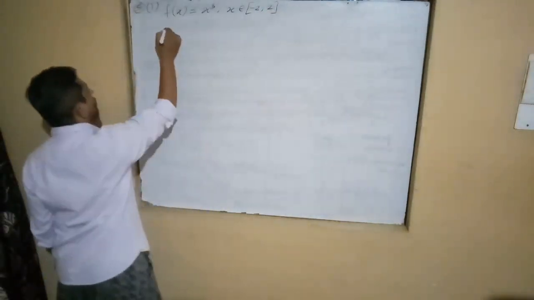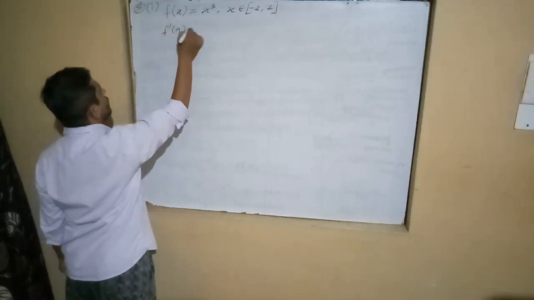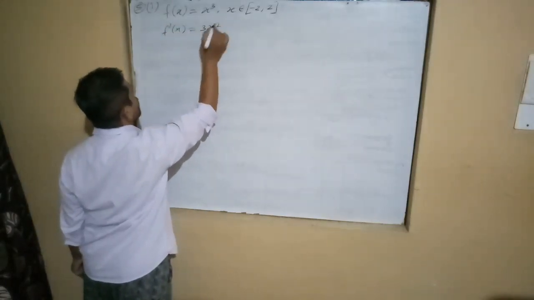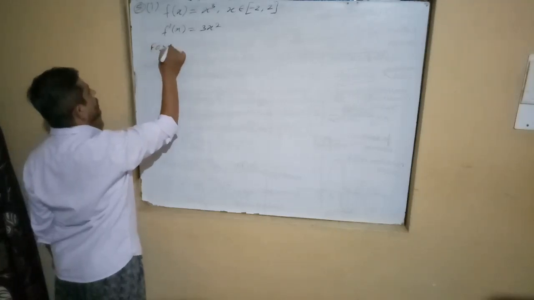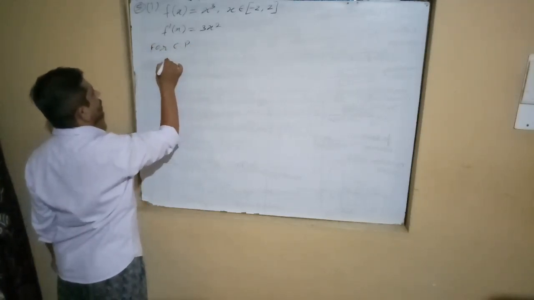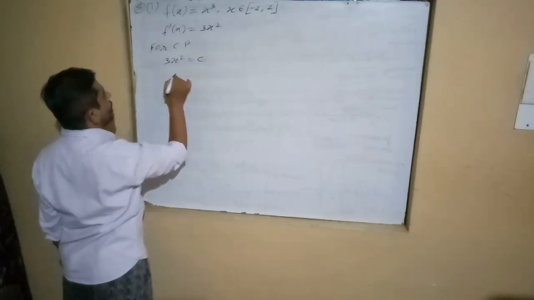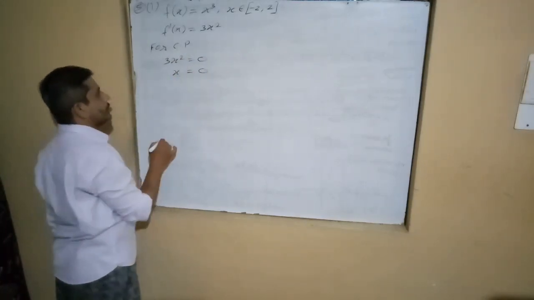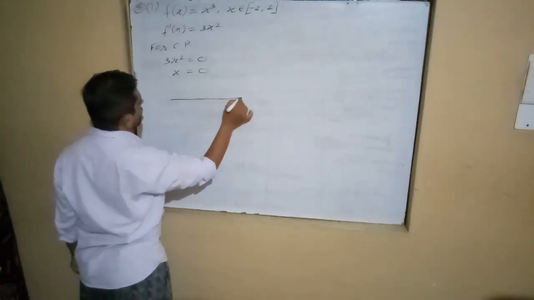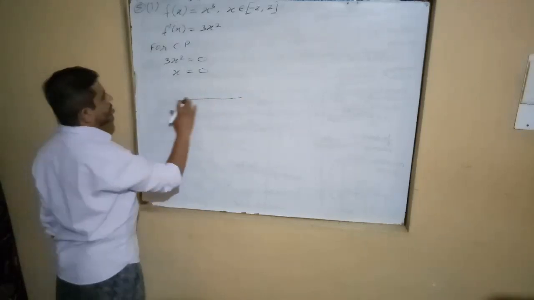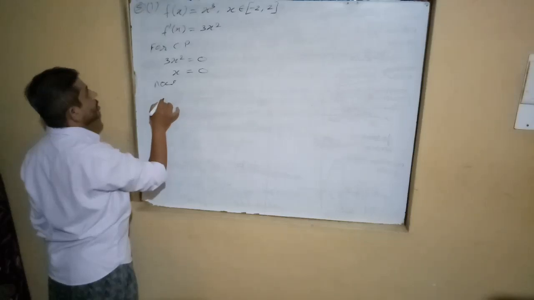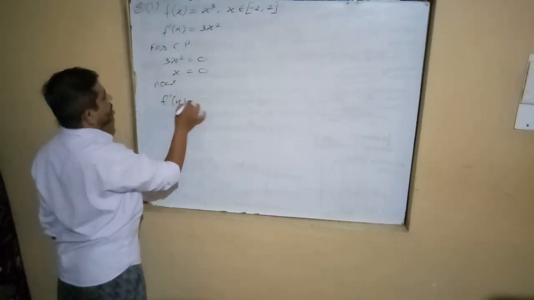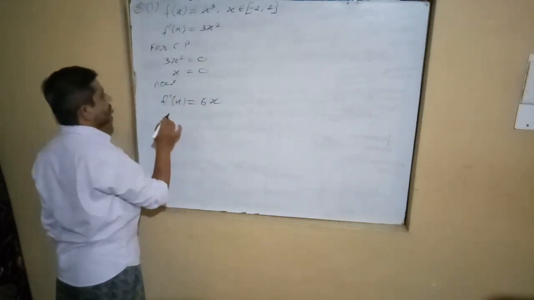First we differentiate the function with respect to x. So what will come? 3x square. Now for the critical point, 3x square is equal to 0. So x is equal to what will come? 0. Now look, here let's apply the first derivative test, or okay, let's apply the second. Now f double dash x is equal to 6x.